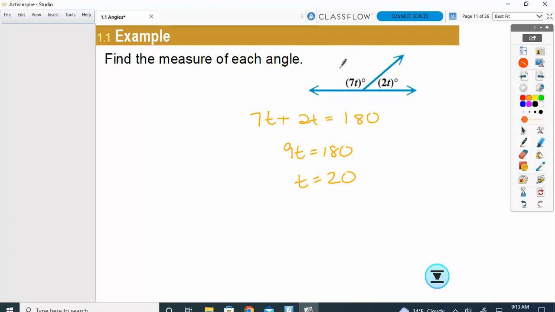Okay, so then my angles, you would have 7 times 20, so 140. And 40 degrees. Do you guys get that?